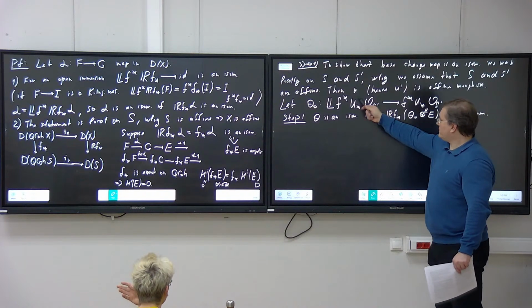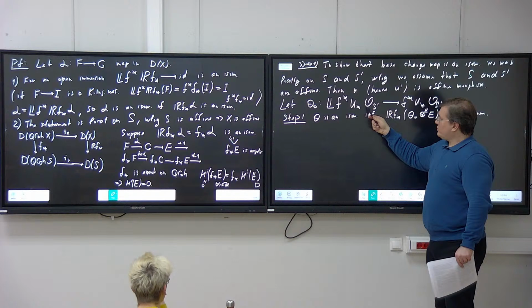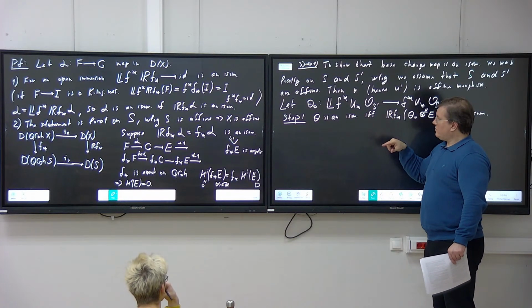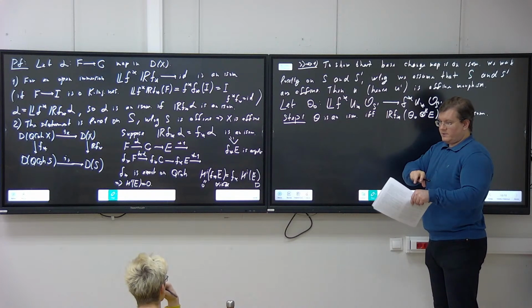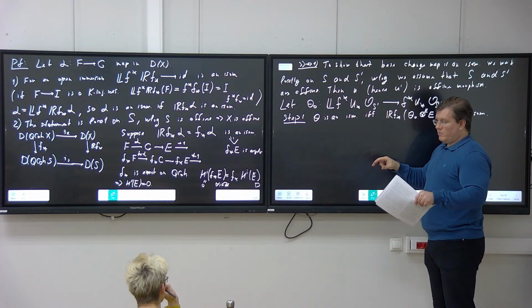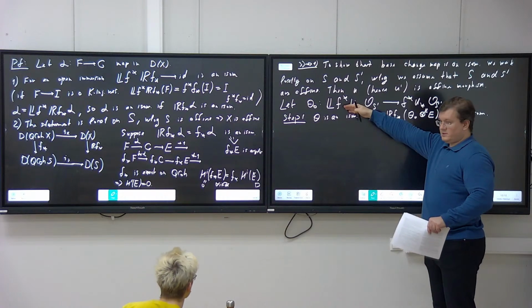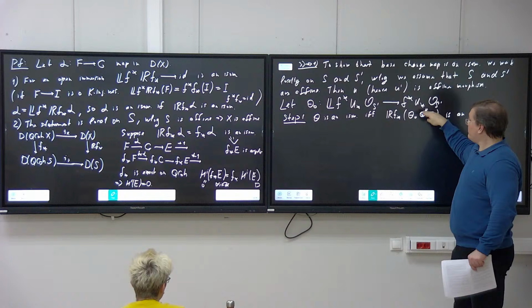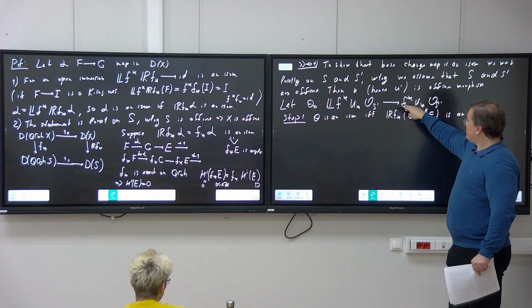This is the object, right? For this object, you choose the K-flat resolution. You apply the F upper star to the K-flat resolution of the object. When you have a resolution, you get this. When you don't have a resolution, you get this. So that's just an application of this functor to the resolution.